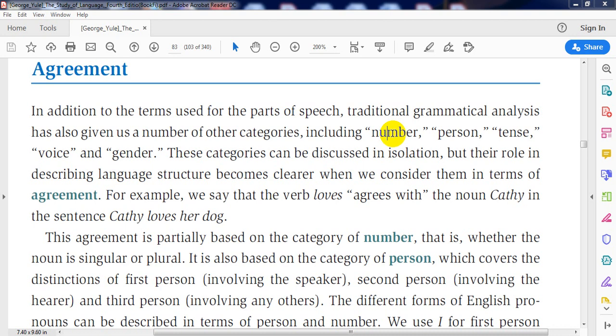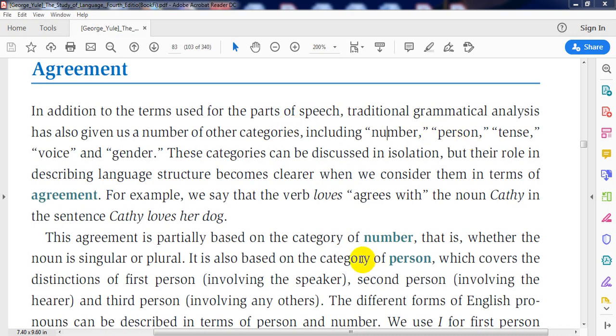While in English it is you for the singular, and you for the plural. We don't have a dual. So within the English sentence, we have just singular and plural.